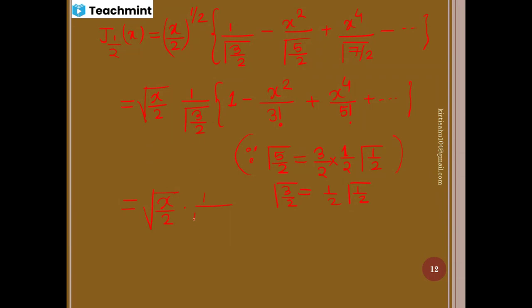So I will write it as half times gamma of 1 by 2 and multiply by x, multiply each term by x and divide by x. So what we have is x minus x cube by 3 factorial plus x to the power 5 by 5 factorial like this. Now it's not looking good, but let's simplify.